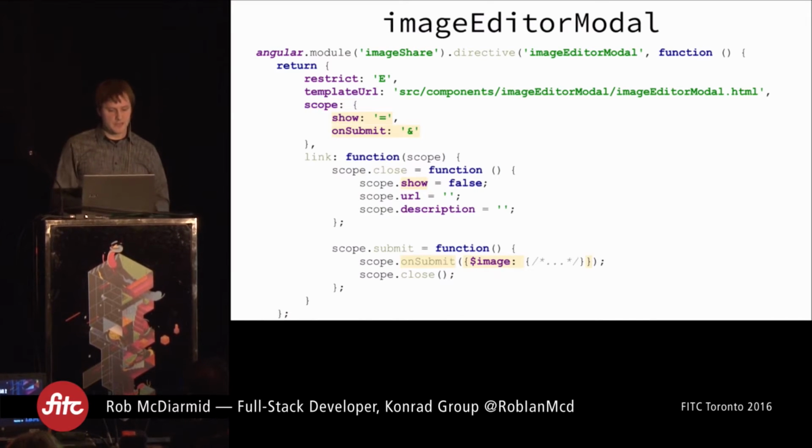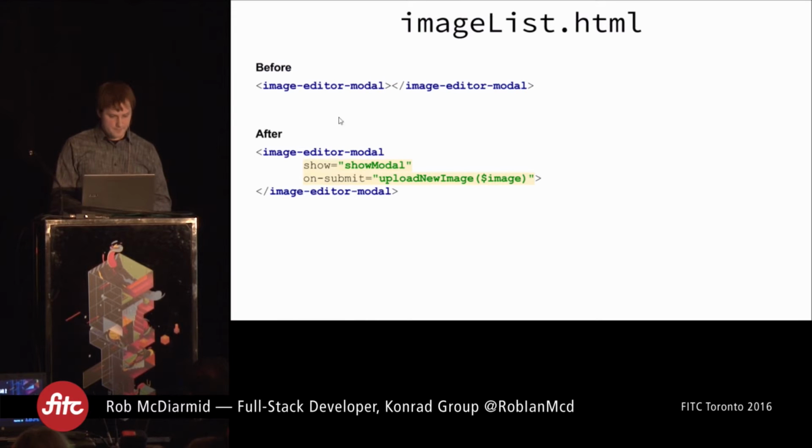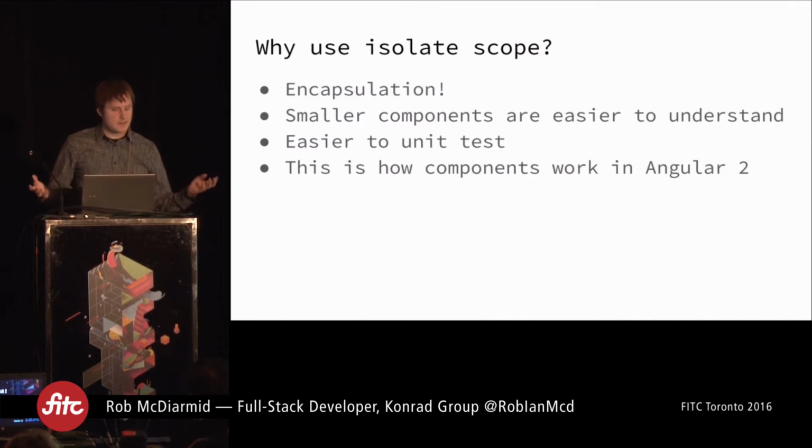But a better approach is to actually specify the variables you want to pass into your directive in the isolated scope. And then when you're actually using this directive, like how we're using it here, we just have to pass in the mapping of what we want those variables to be. So isolated scope is great.